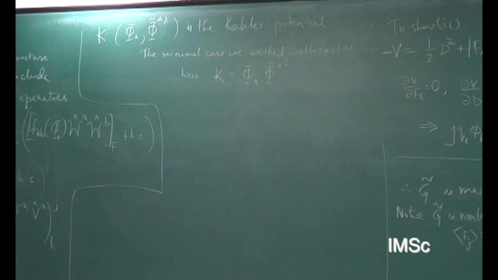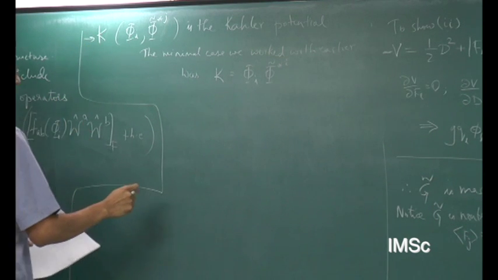But right now I'll just leave it as a general thing. So this is k, and then the f.